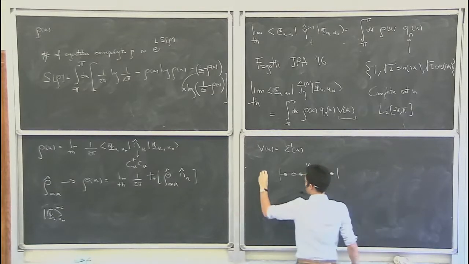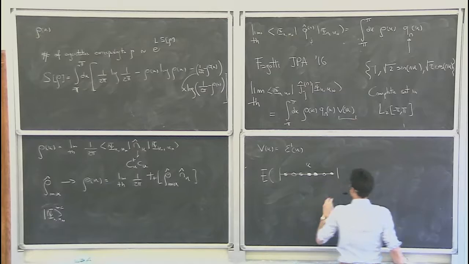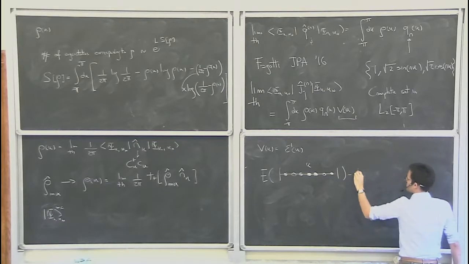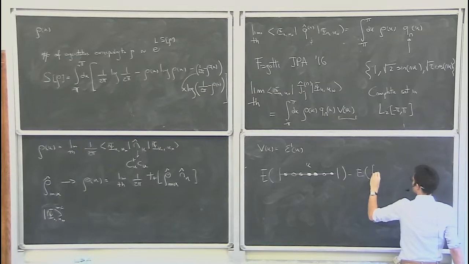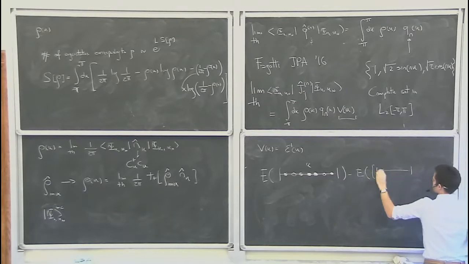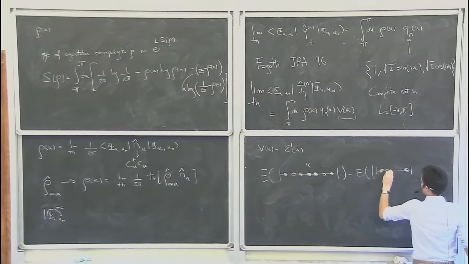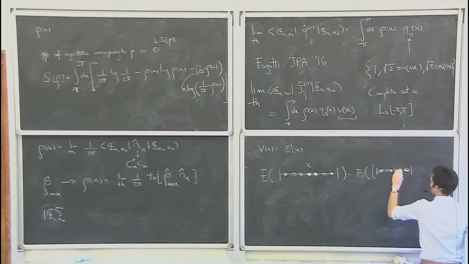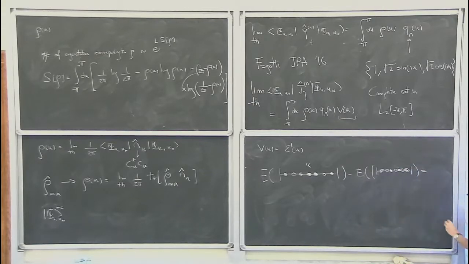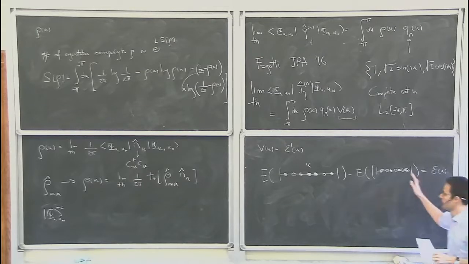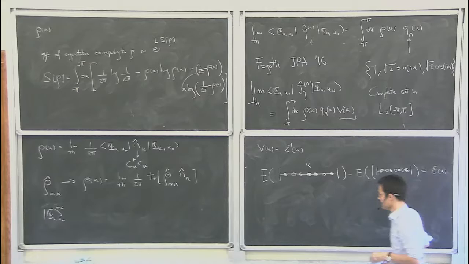You compute the energy of this configuration, and you subtract the energy of the configuration without the excitation. Then you find just the dispersion relation, because these momenta are totally independent, as we said, since this system is free.